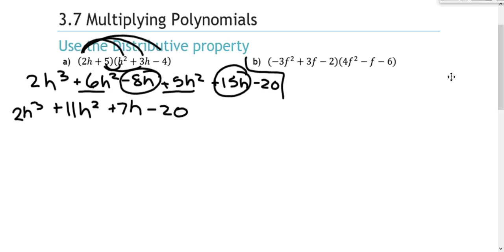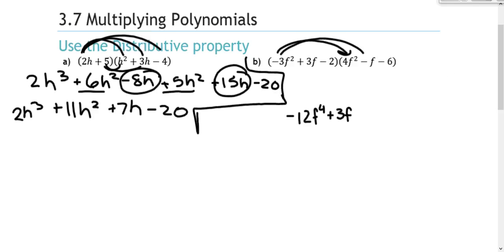So just go slow, take your time. I'm going to show you another way to stack the terms. I'm going to do it down here with b. So then if I multiply here, I get negative 12f to the power of 4 plus 3f cubed plus 18f.